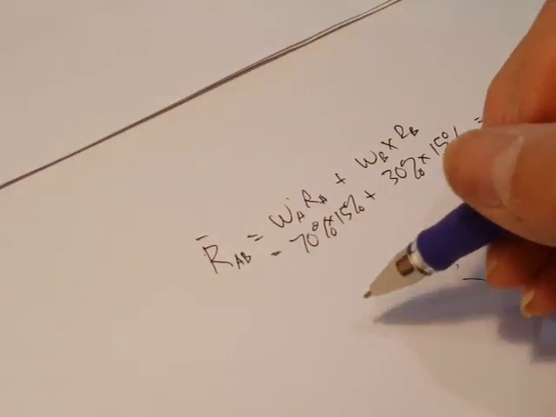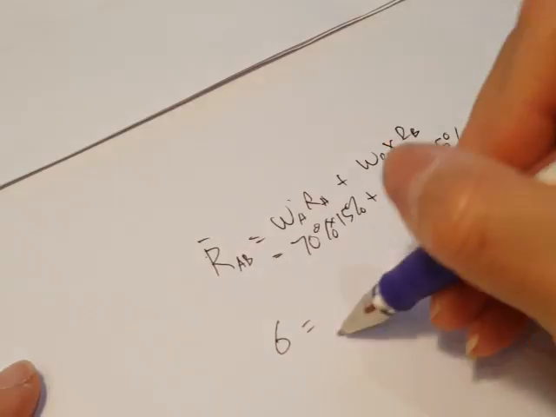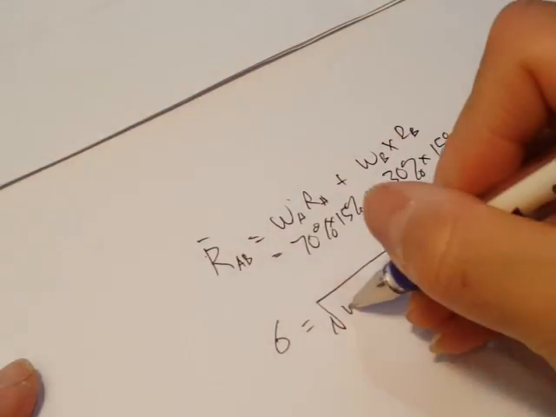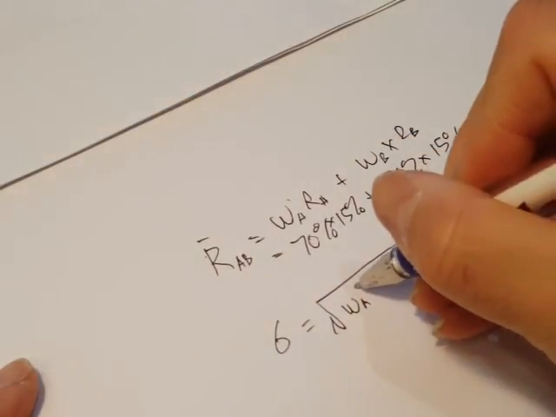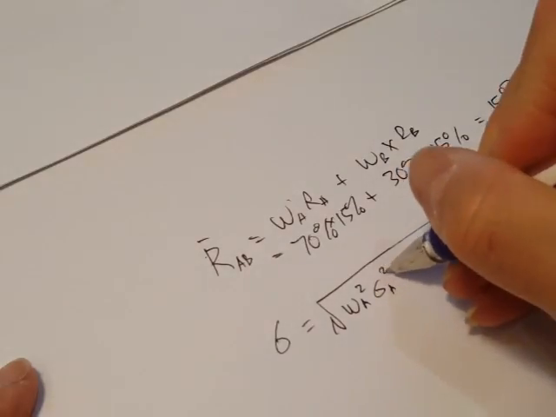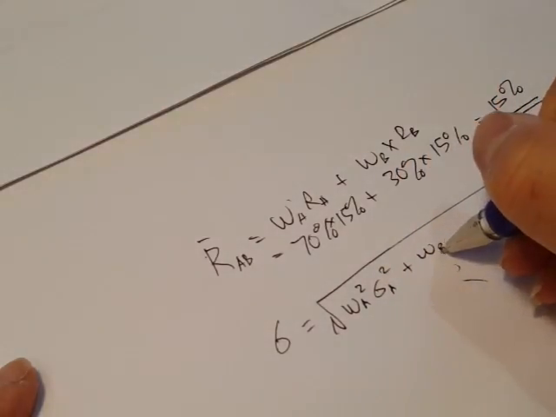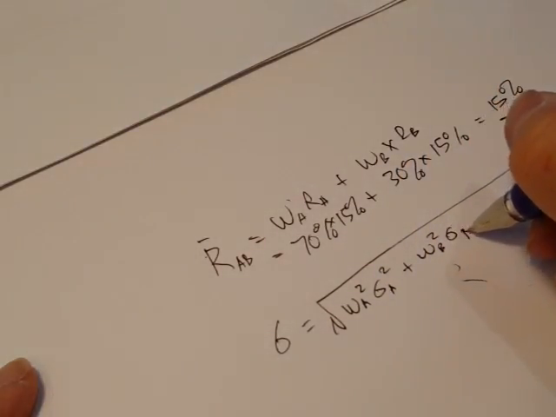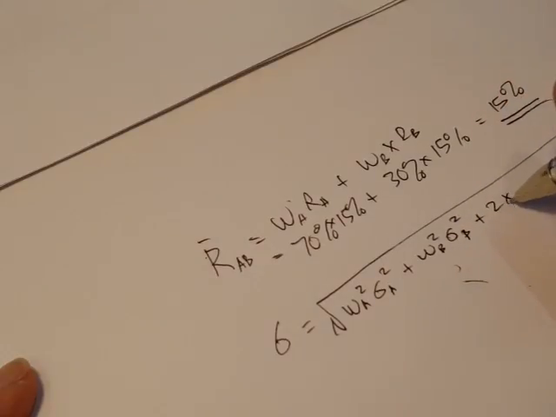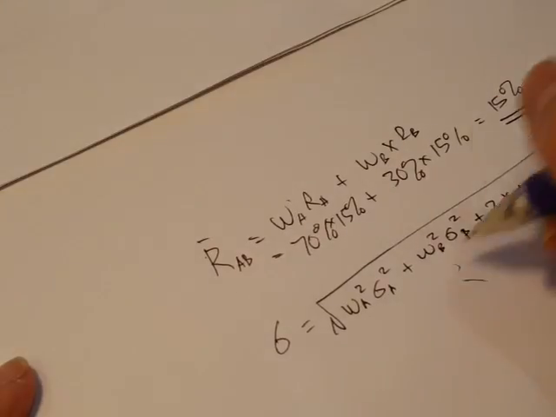Standard deviation is square root of weight A power 2 times standard deviation A squared, plus weight B power 2 times standard deviation B squared, plus 2 times weight A, weight B, covariance.